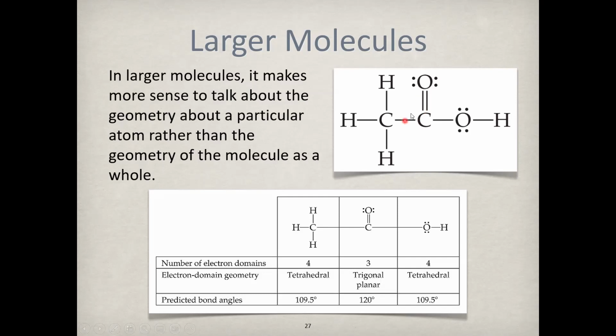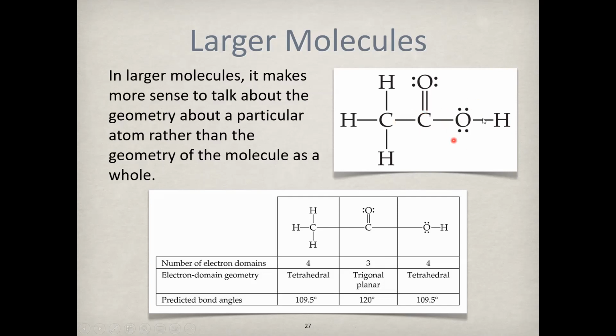Again, it'll be a little different because we're actually going to wind up with slightly larger angles between the carbon-carbon-oxygen than we will for carbon-carbon-hydrogen or something like that. Just because we'll have more density here, which forces these bonds to get pushed down a little bit. But it'll be roughly 120 degrees here because we've got the 3 electron domains, and that's going to be the most efficient way for those to spread out.